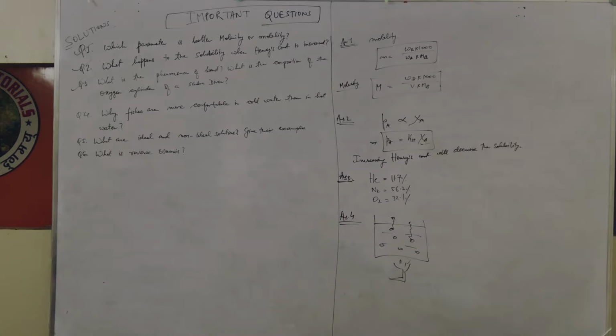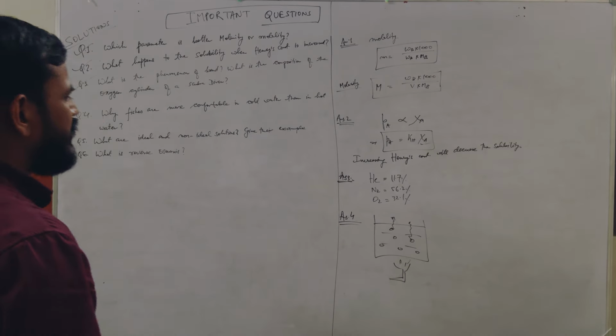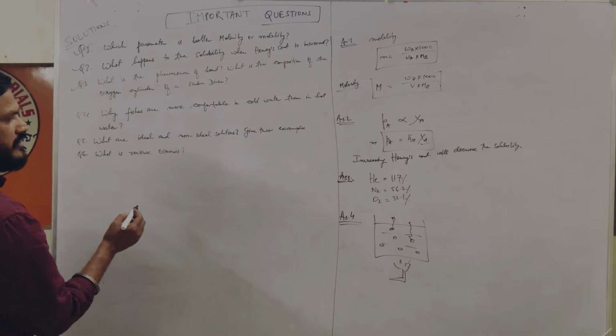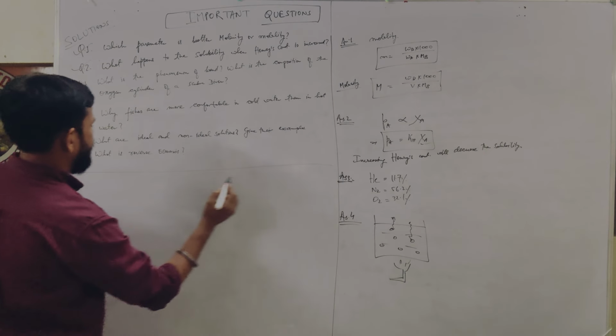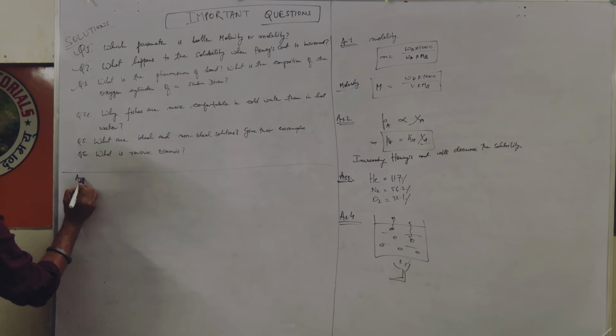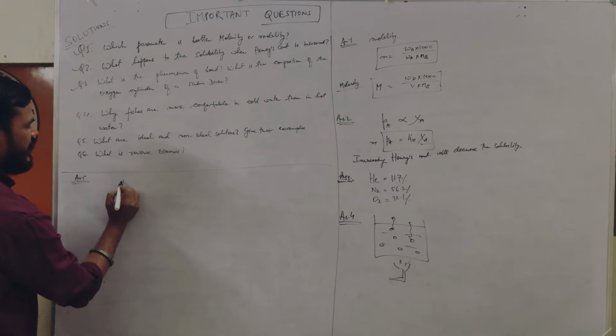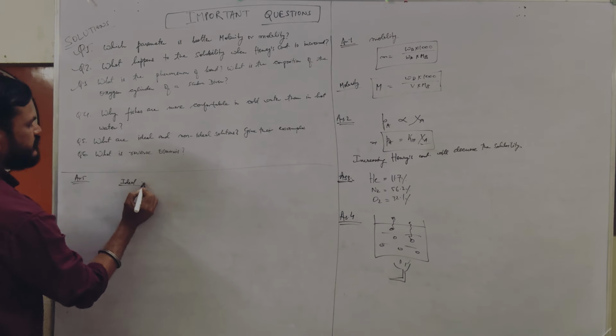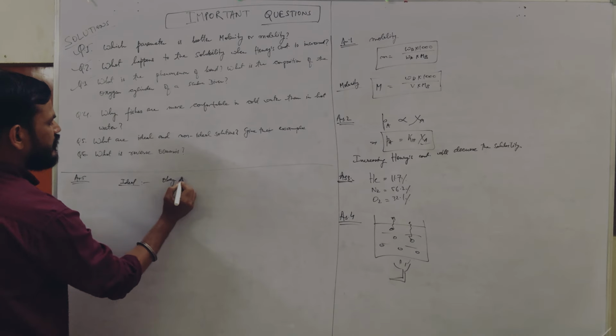Now we come to the next question, which is, what are ideal and non-ideal solutions? Give their examples. So we come to answer 5. Ideal solutions obey Raoult's law.